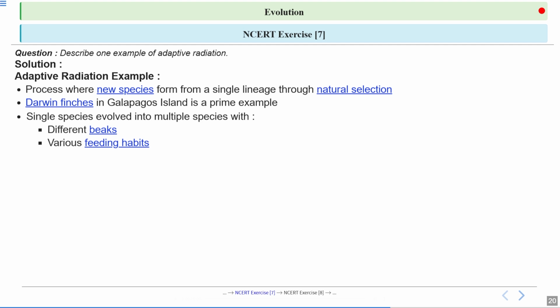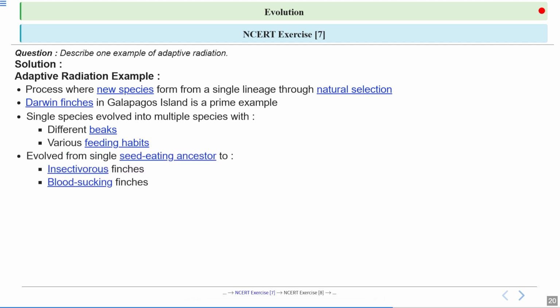In adaptive radiation, there will always be a common ancestor. There is adaptive radiation in the Australian marsupials as well. Clear? So all of these Darwin finches adapted from single seed eating ancestors to insectivorous finches, and some were blood sucking finches as well. So you can say the ancestor ate seeds, but over time some of these evolved.